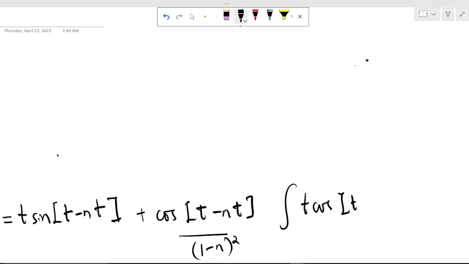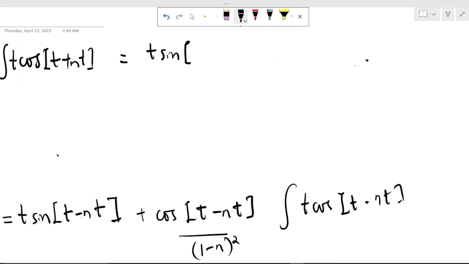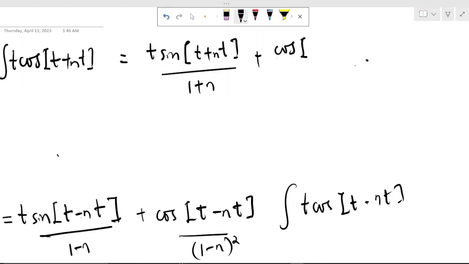It means that similarly the integral of t cos(t plus nt) will be equal to t sine(t plus nt) over 1 plus n, here we have minus, they're going to have plus, then plus cos(t plus nt) over (1 plus n) all squared.